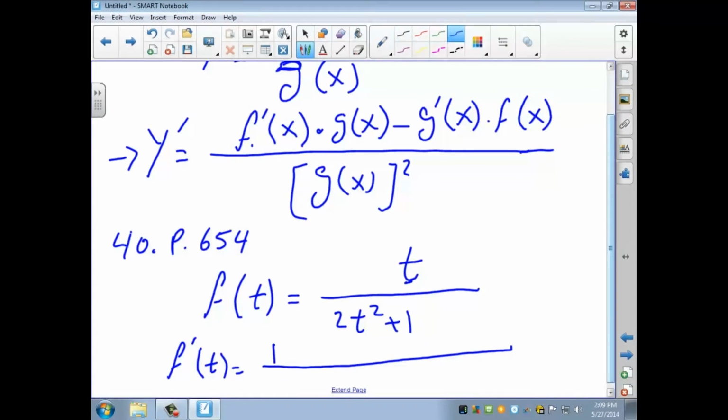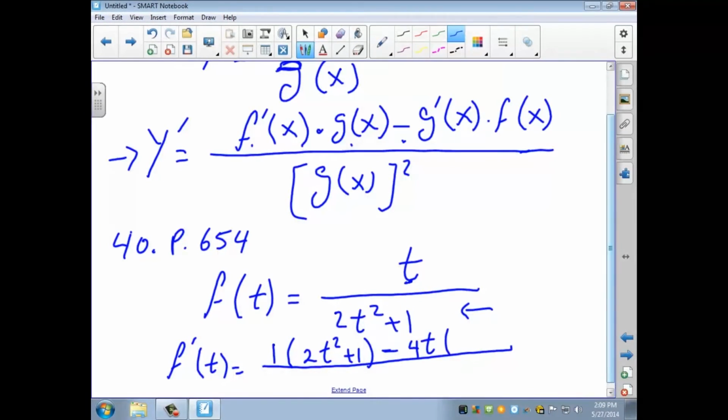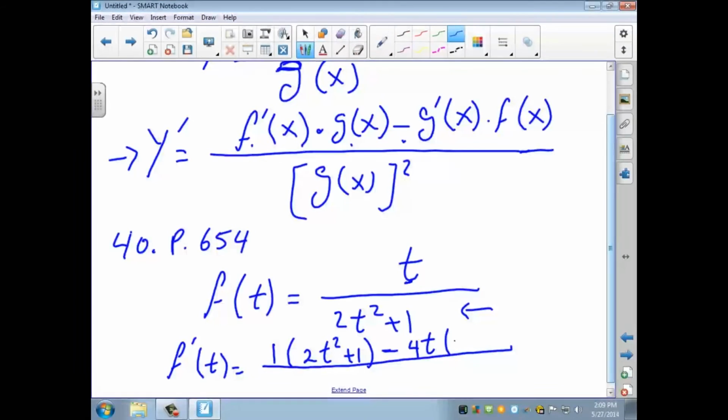That is 1. Multiply by g of x, the denominator. That is 2t squared plus 1. Minus, according to the formula, g prime of t. That's the derivative of the denominator. What's the derivative of this denominator? That is 4t. Multiply by f of x. F of x is the numerator, which is t. Divided by the denominator squared. That is 2t squared plus 1 squared.